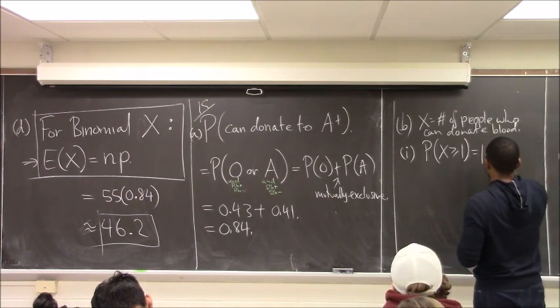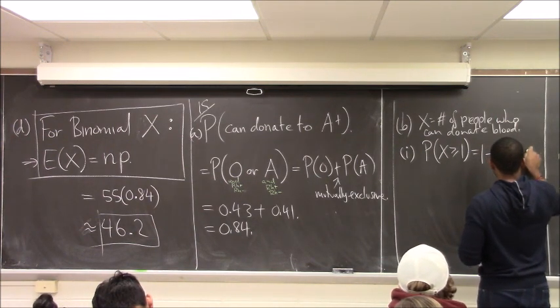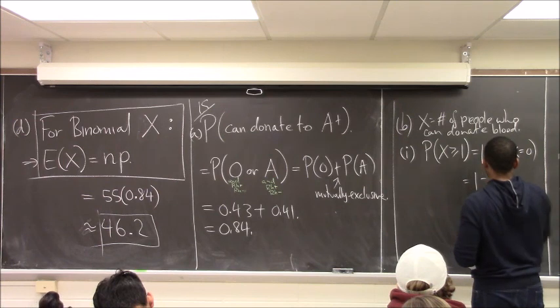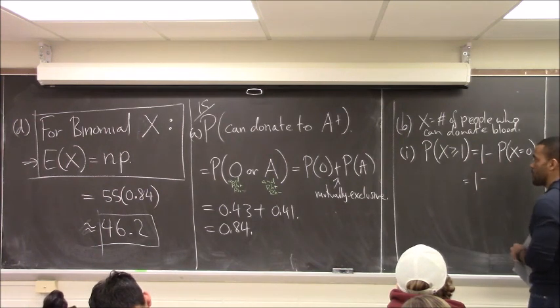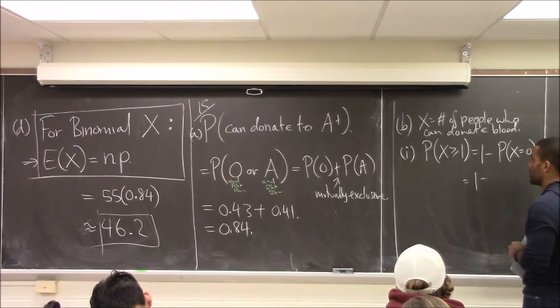So this is 1 minus the probability that no one can do it. And what is the probability that no one can do it? It's like the combination of 8 choose 0 times 0.84 to the 0.